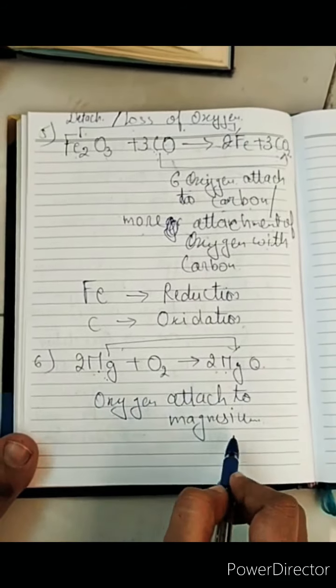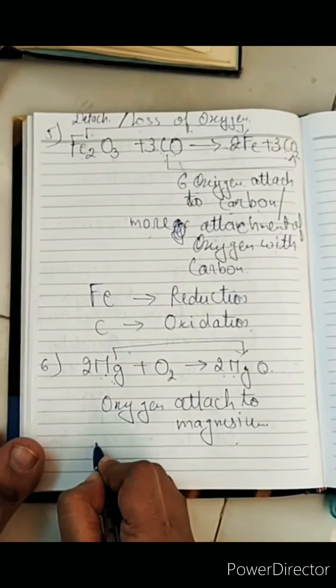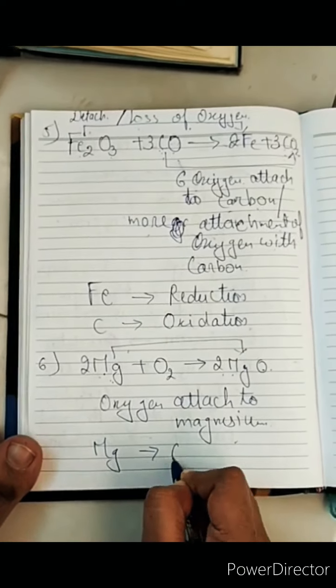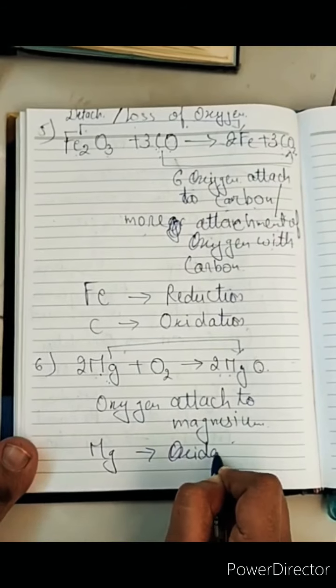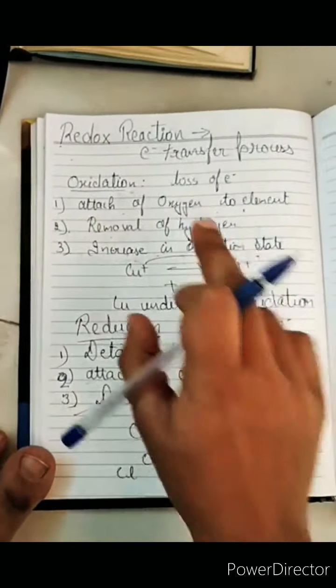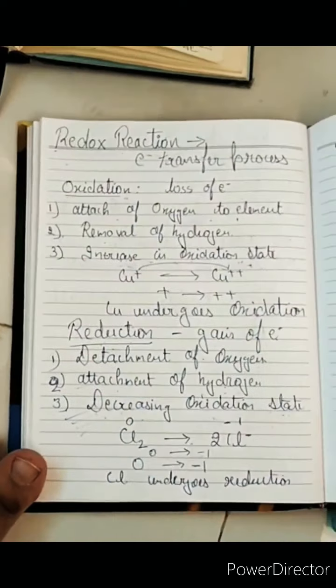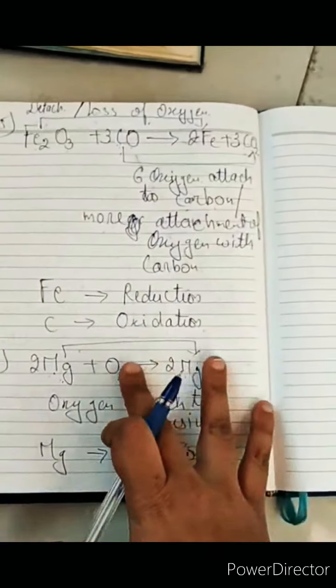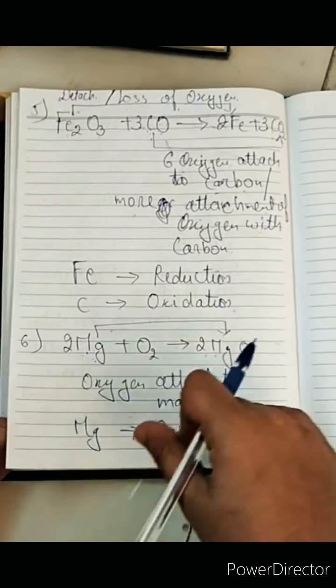So attachment of oxygen is nothing but oxidation, it means Mg undergoes oxidation. Simple, because we know that attachment of oxygen is oxidation. So we have many more examples.